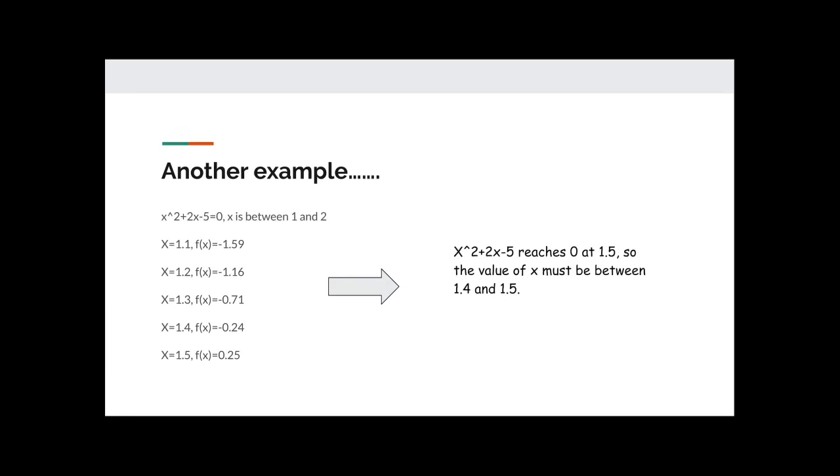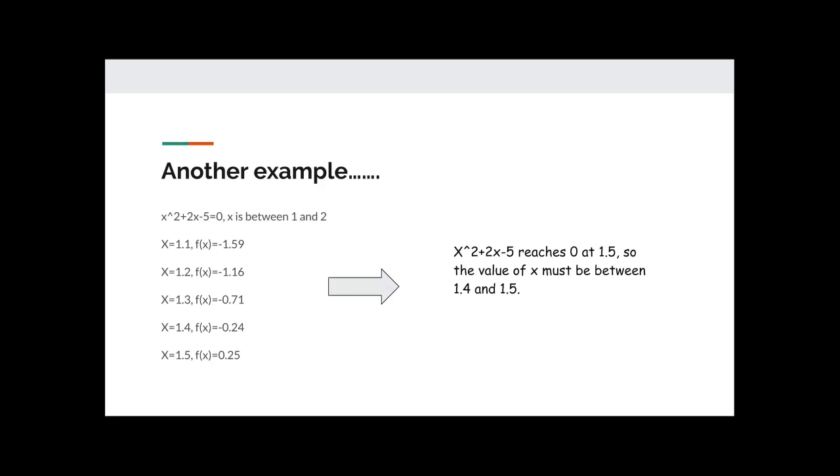Now we can do another example, which is more complex. X squared plus 2x minus 5 equals 0. And x is between 1 and 2. When x equals 1.1, f(x) is negative 1.59. X is 1.2, f(x) is negative 1.16.